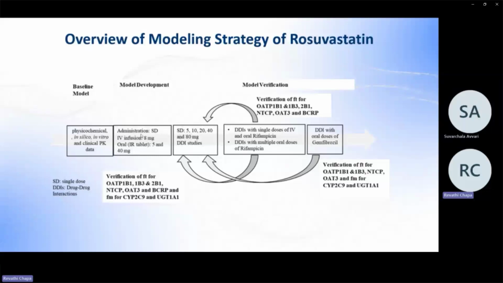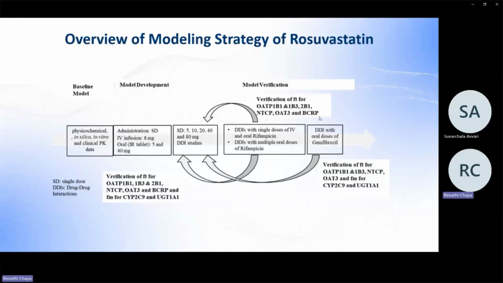While we are developing the model, we are also parallelly trying to verify with the DDIs. Essentially, here we are looking at the DDIs for single dose IV and oral infusion. We are verifying the FT contribution for OATP1B1, 1B3, 2B1, NTCP, OAT3, and BCRP. We also tested the effect of multiple oral doses of rifampicin, essentially inducing some of the enzymes like 2C9 and UGT1A1.